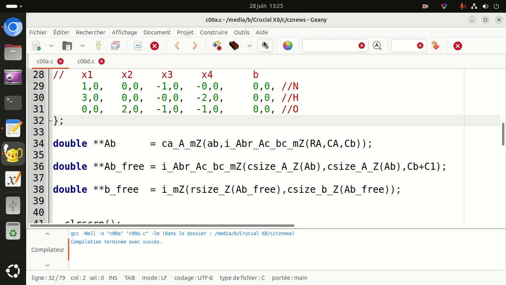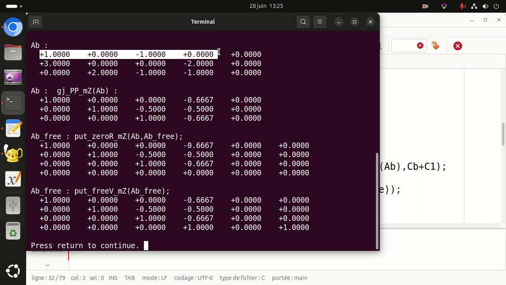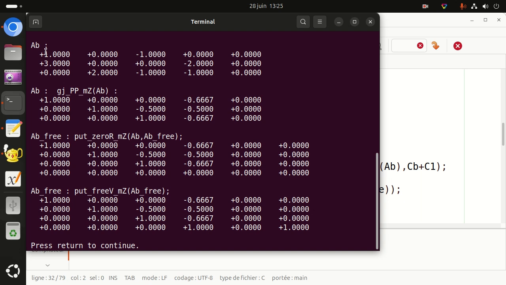Now I try this example. This is my linear system. You have three lines but 4 columns. This is B, and this is A. So I must introduce three variables.